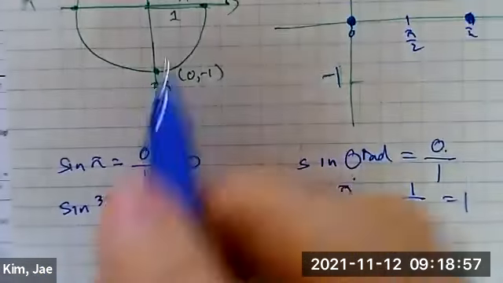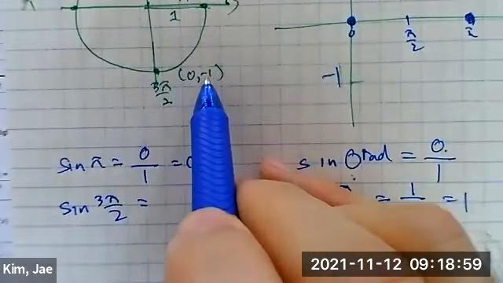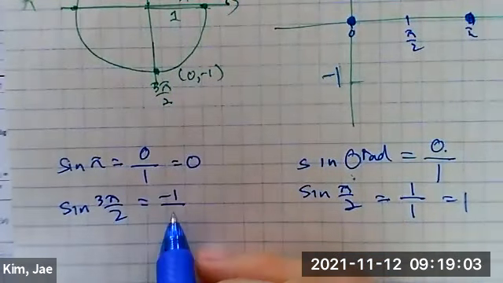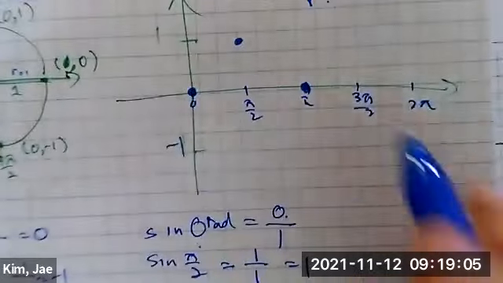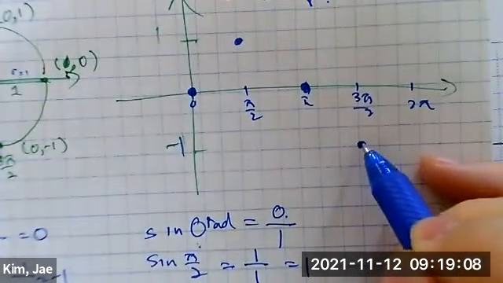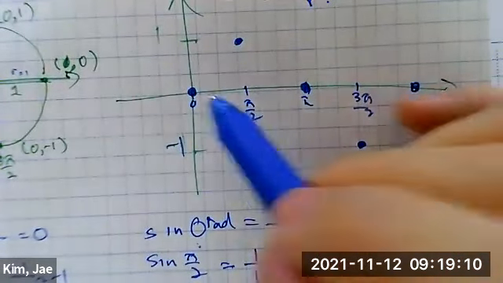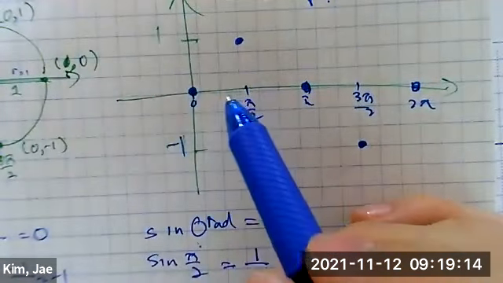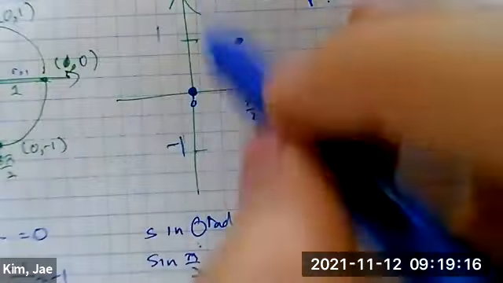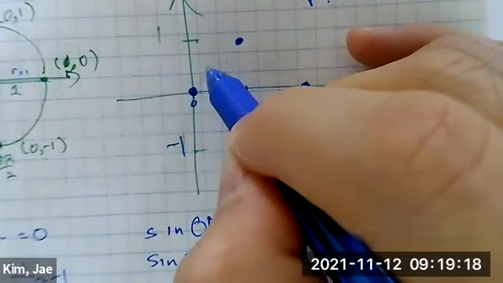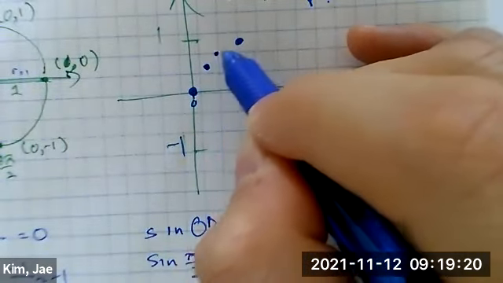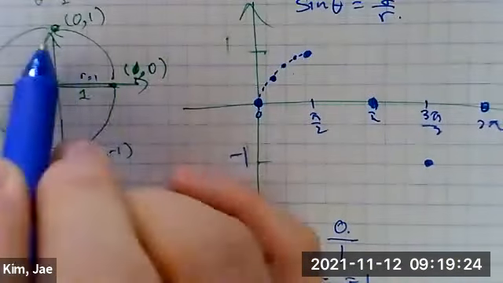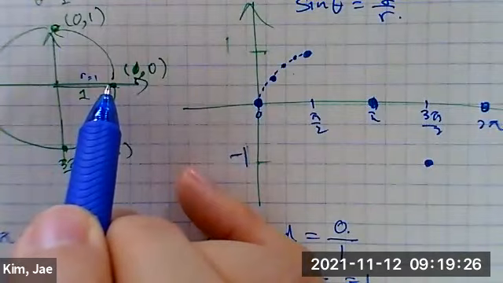At 3 pi over 2, what's my y value? -1 over a radius of 1, it's -1. So at 3 pi over 2, I get a -1, and then I'm going to go back to 0. If you were to calculate pi over 6, pi over 4, pi over 3, and then pi over 2, you will see that I get about halfway, closer, closer, and it actually traces out the curvature of a circle.